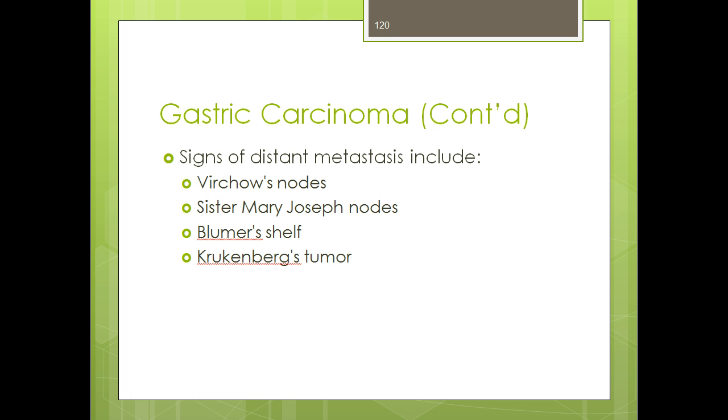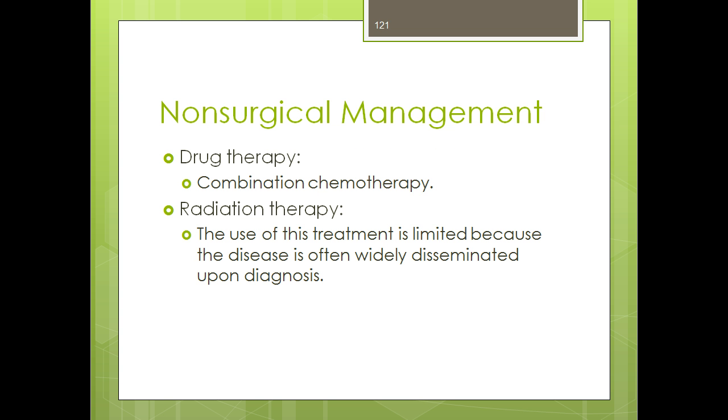Also, they have all types of other ways where they put things together, like Trousseau's syndrome, where a person has phlebitis that is migratory, all over. They might have keratosis and freckles. So they have a lot of little different signs and symptoms that they put together, where they'll say that a person may have some type of gastric carcinoma.